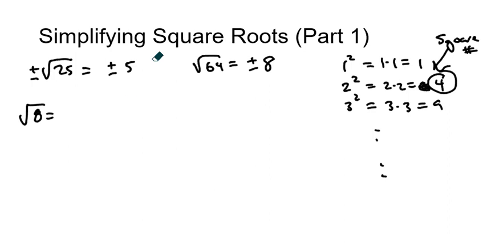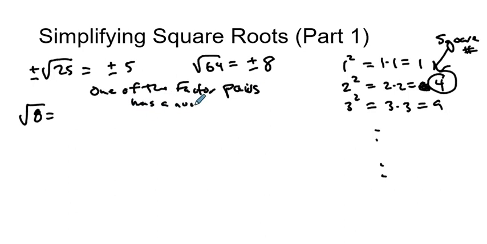What we are looking for when we're trying to simplify a square root is one of the factor pairs that has a number that is square. So we want one of these square numbers.